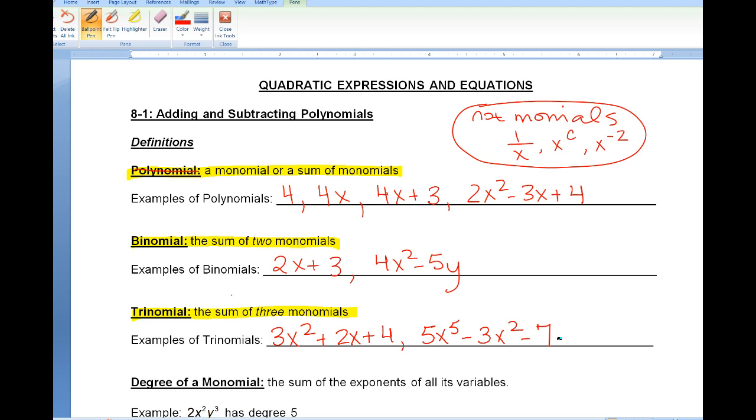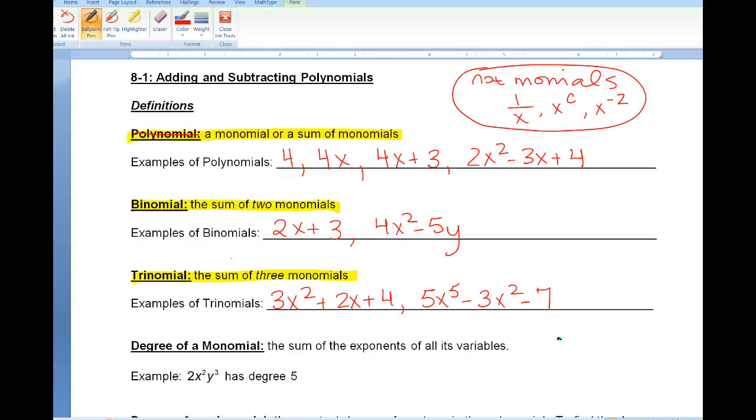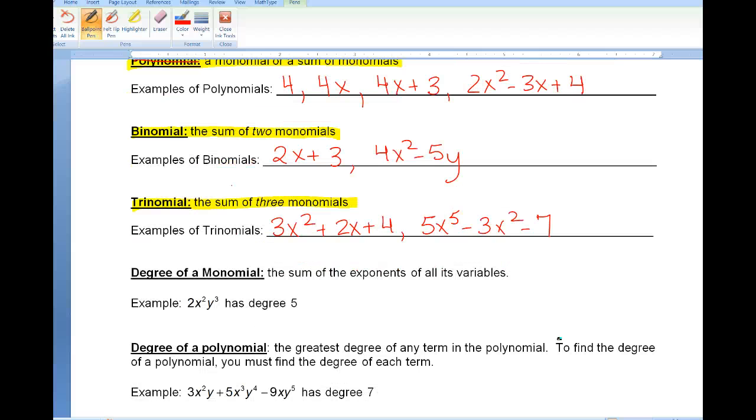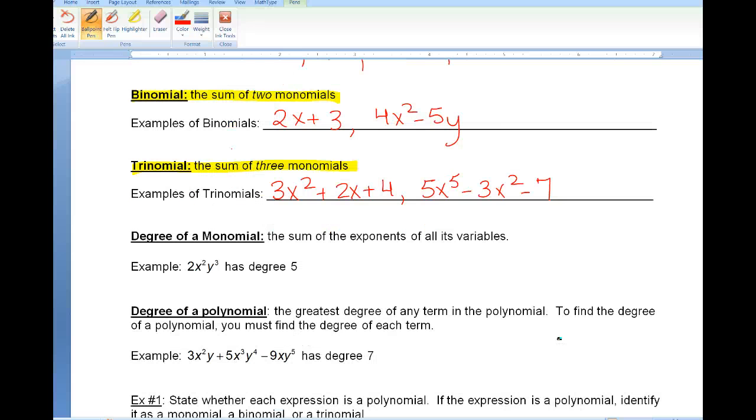So all of these are polynomials. They all fall under the category of polynomials, but a monomial is one term, a binomial is two terms, and a trinomial is three terms. Anything more than three terms will be just called a polynomial.